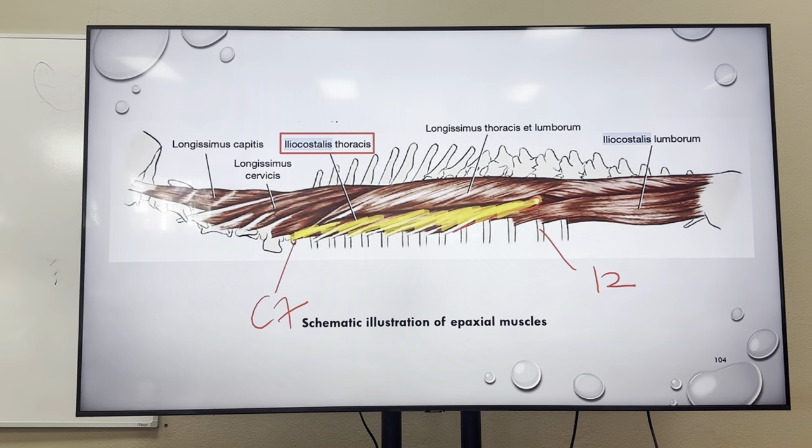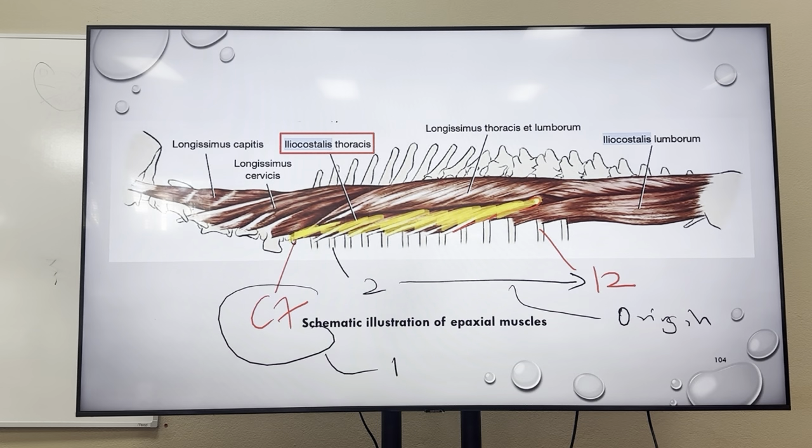So it extends between the ribs. It overlaps the ribs as well. By way of origin, we will say that the second rib to the 12th rib will serve as its origin, and this will serve as its insertion.